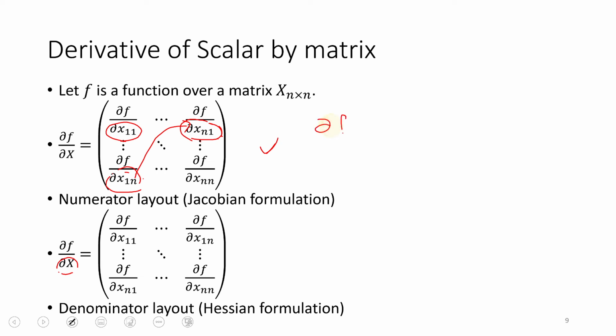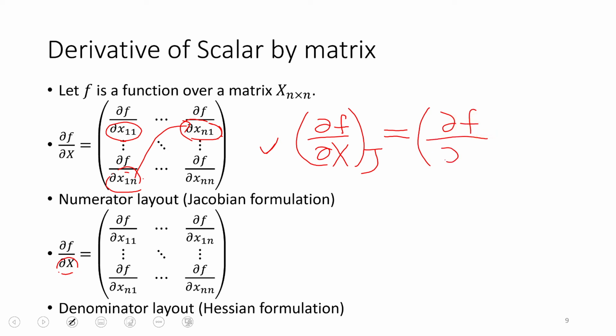If this is the Jacobian numerator layout, it is the transpose of the Hessian layout. Because the definitions are different, we use the numerator layout, the Jacobian formulation, in the following derivation, but the answer can be just transposed to get the other.